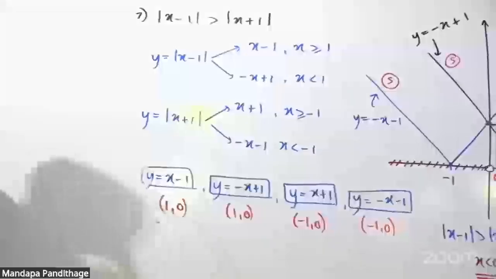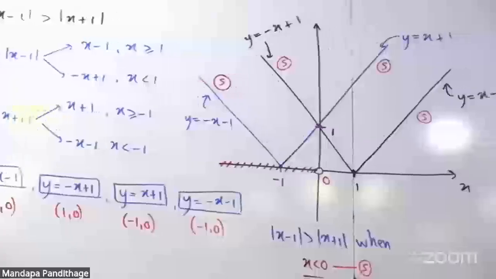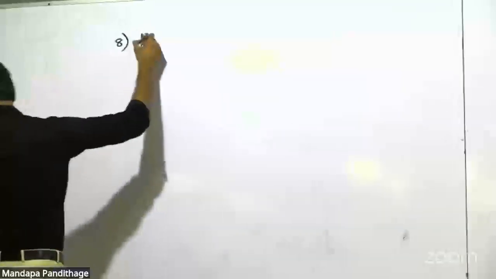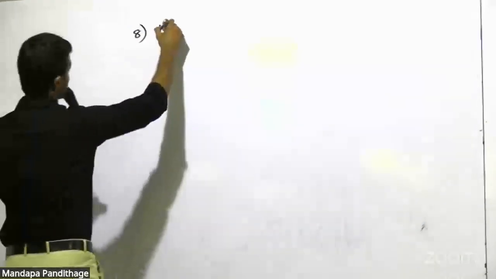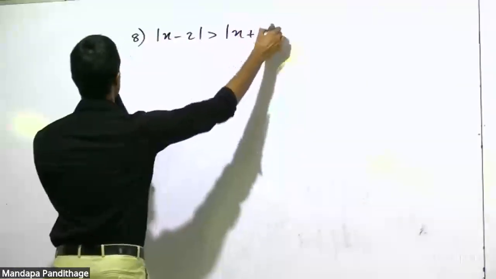y equals modulus of x plus 1. Okay, so let's do question number 8. Here, we are supposed to solve modulus of x minus 2 is greater than modulus of x plus 1.